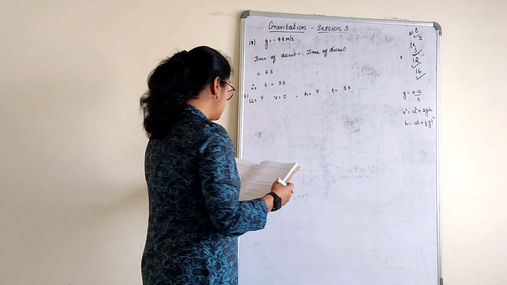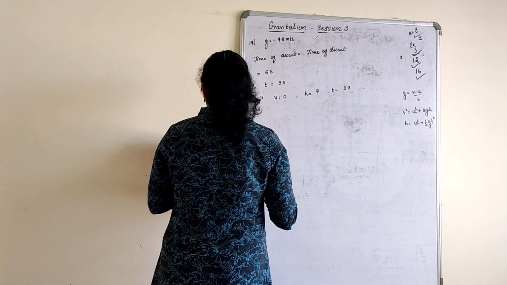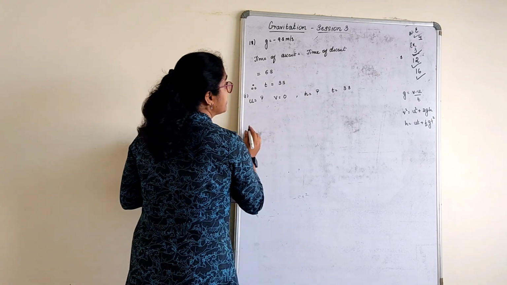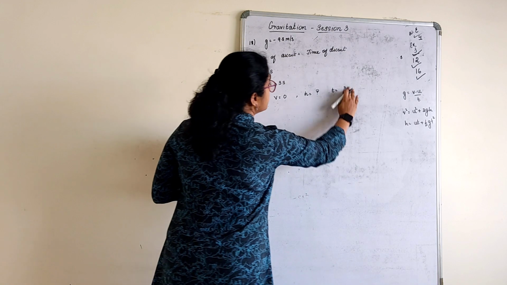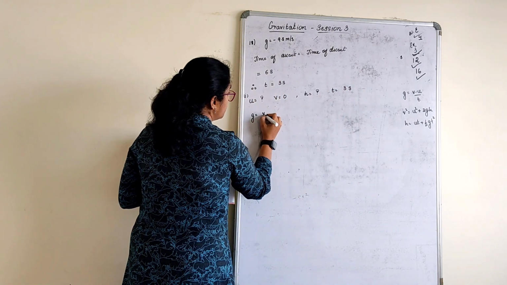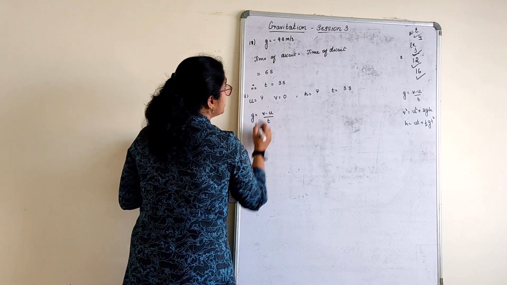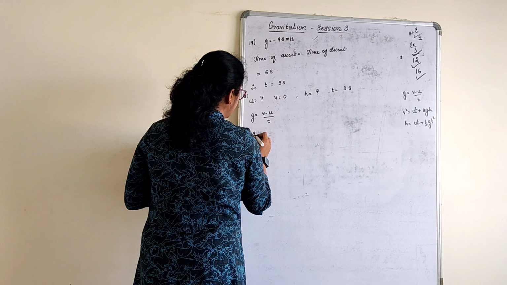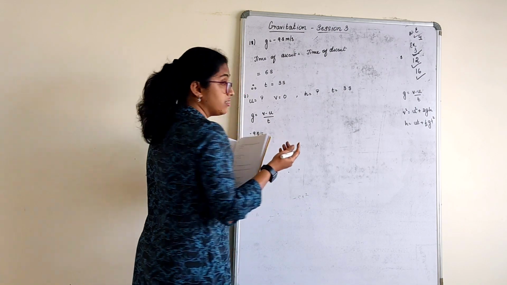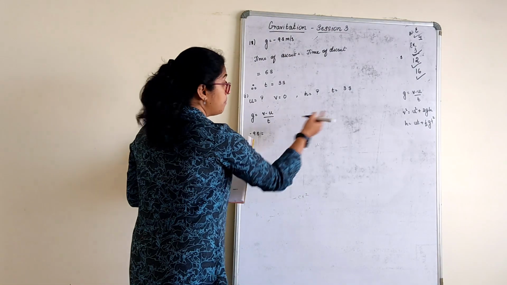Let's solve this sum now. Everything is given. With respect to height, what we have to calculate here, I think I can use the formula g is equal to (v minus u) divided by t, where g is minus 9.8, since it is thrown up. The value of g is not given, so I am supposed to use 9.8 only, as in the previous sum, children.